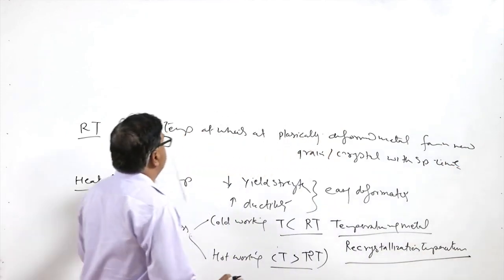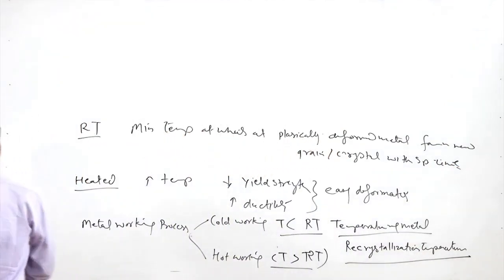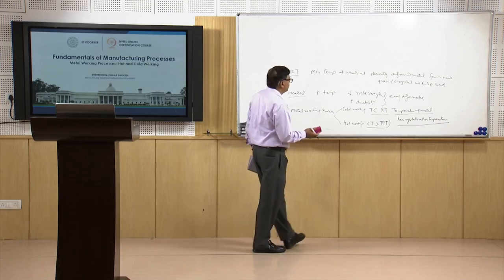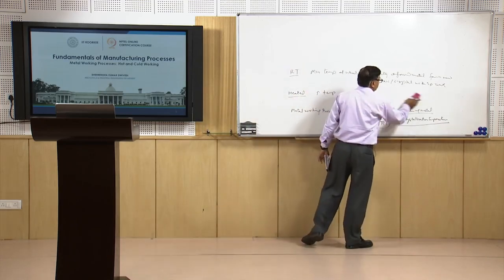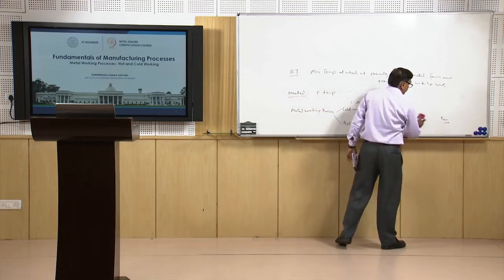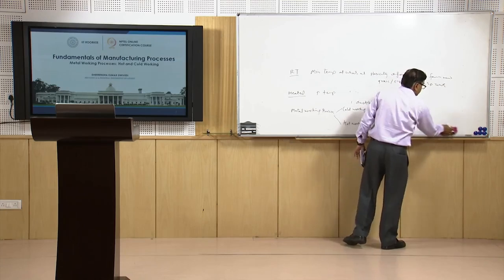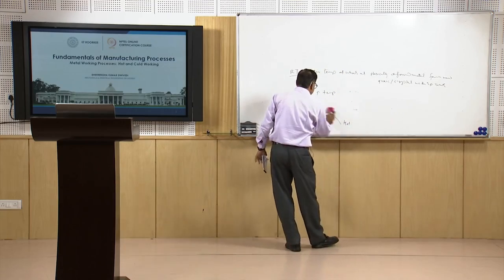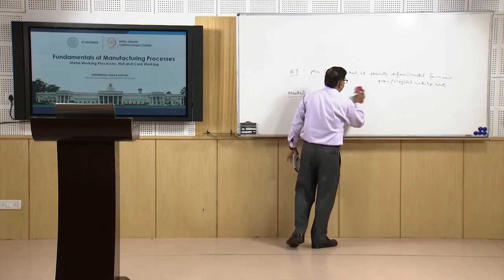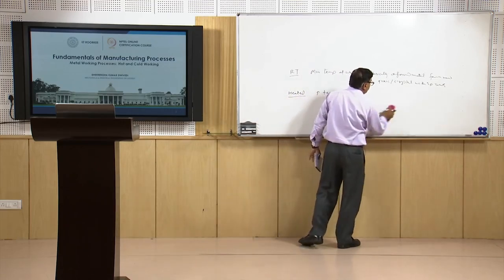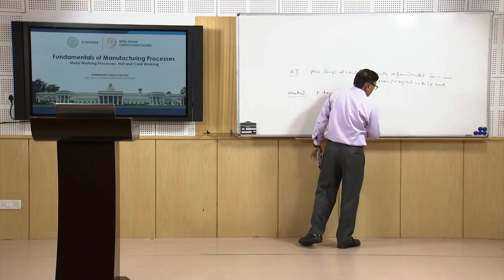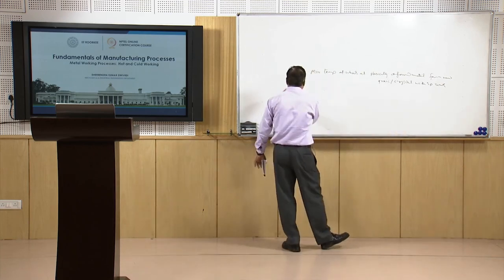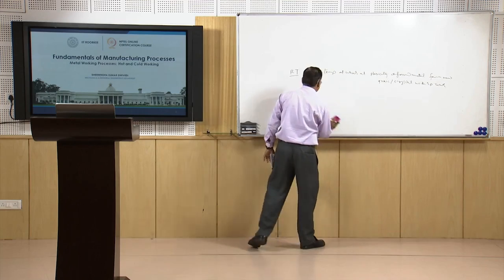So, this minimum temperature at which the new grains are formed within a certain specified limit, that is called the recrystallization temperature, and for most of the metals this recrystallization temperature is found between 1/3 to 1/2 of the melting point of the metal.